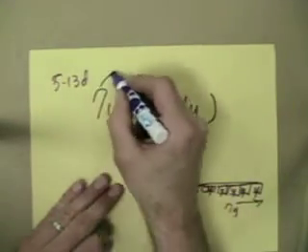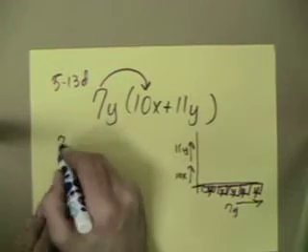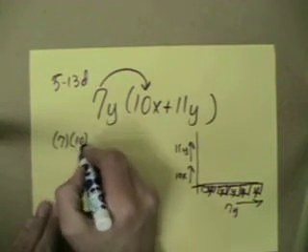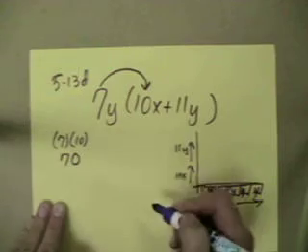If I multiply the number times the number, 7 times 10, I will get the new number part, which is 70.